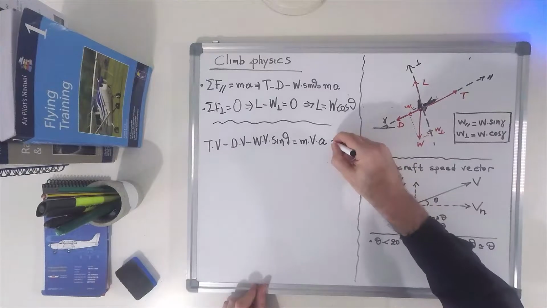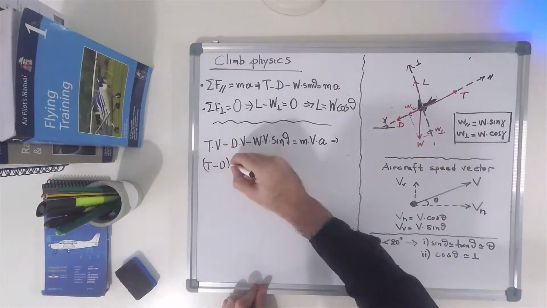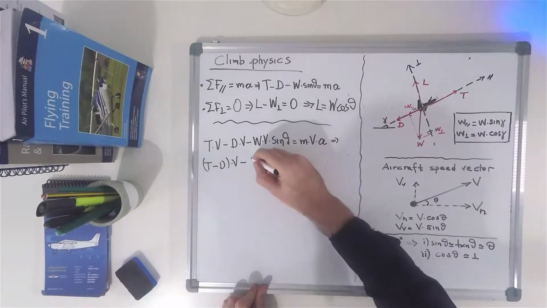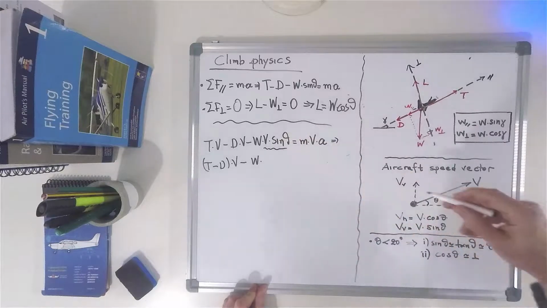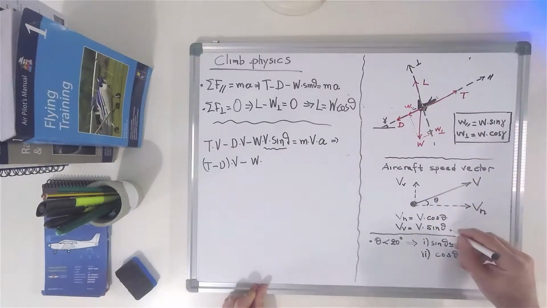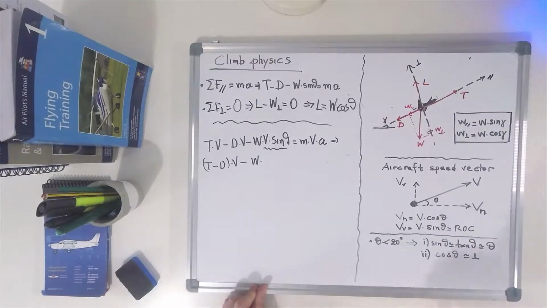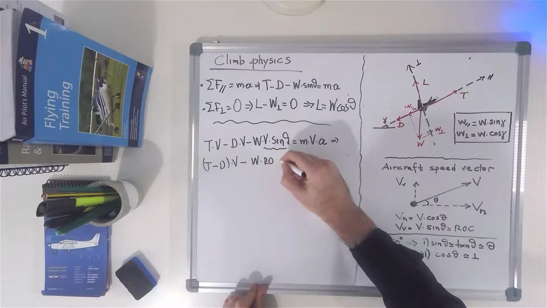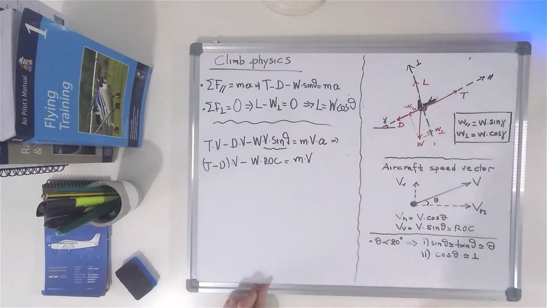that factor is the vertical component of the airspeed, as we can see here, which in turn is the rate of climb of the aircraft. And the acceleration is a change of speed over time.